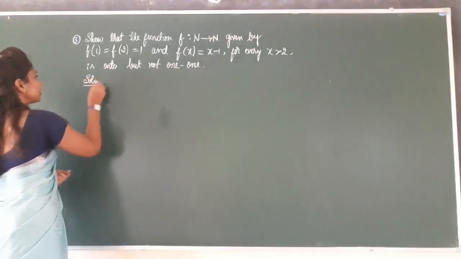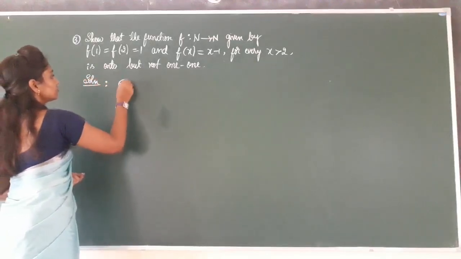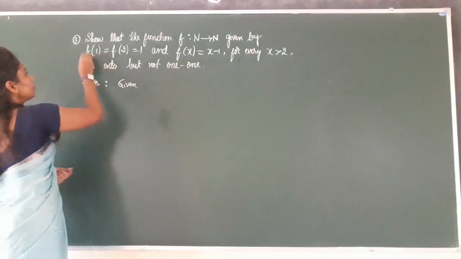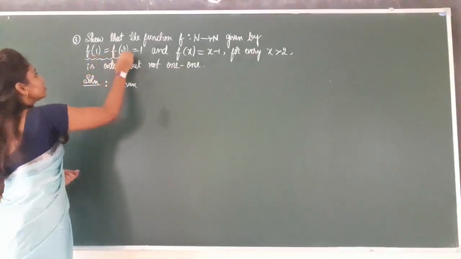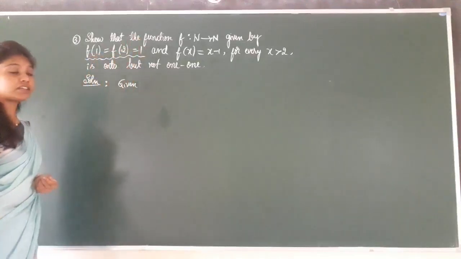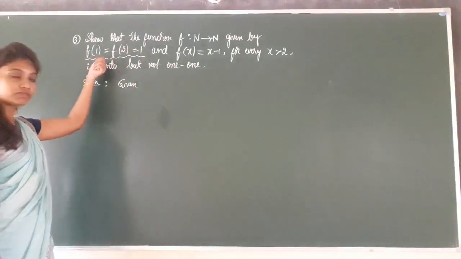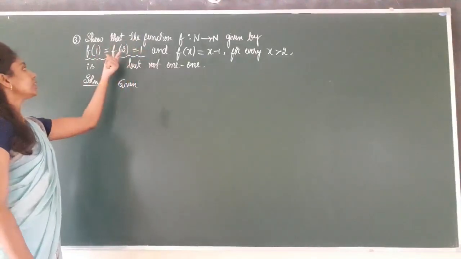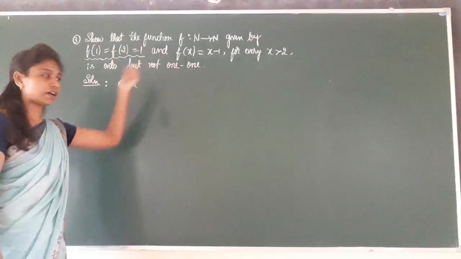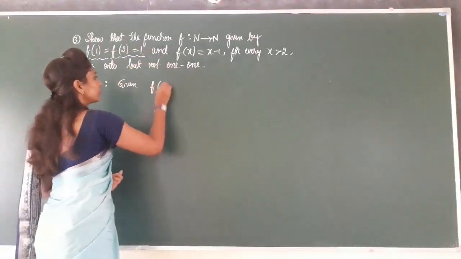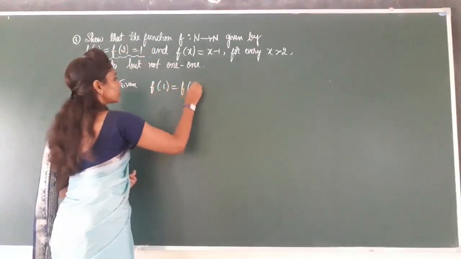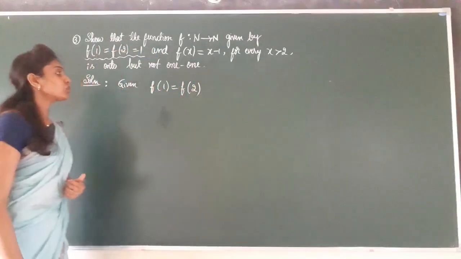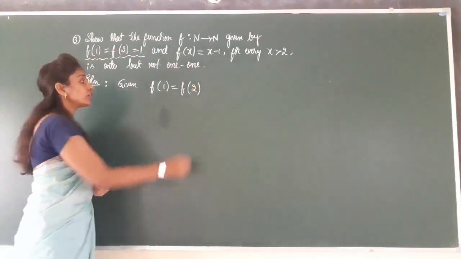Also they have given f of 1 is equal to f of 2 is equal to 1. They only gave the value of f of 1 as 1, and f of 2 is also 1. So f of 1 is equal to f of 2. If you prove one-one, what do we do here?